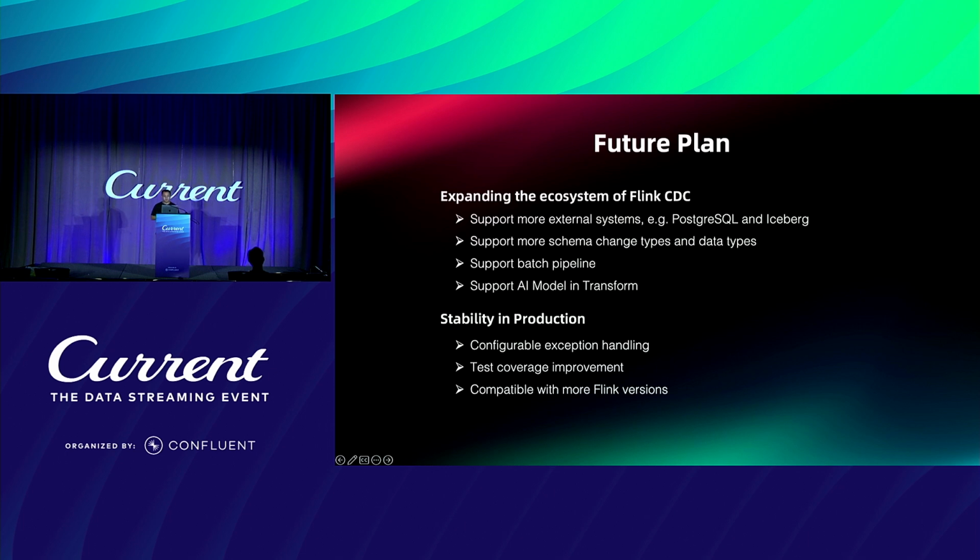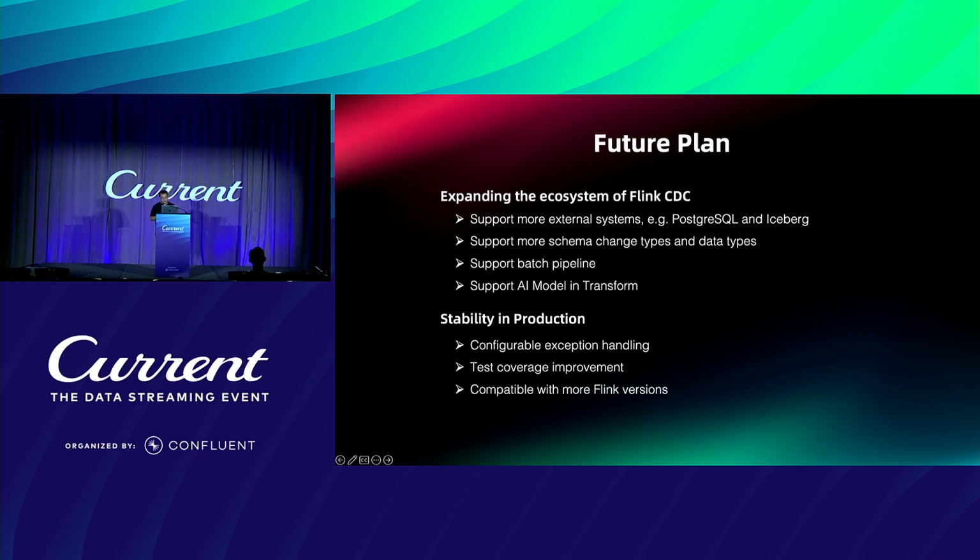About the future plan of the Flink CDC project, we will focus on expanding the ecosystem of Flink CDC, especially supporting more external systems in the Flink CDC YAML pipeline. We also plan to support batch pipeline, because we currently only support streaming pipeline.